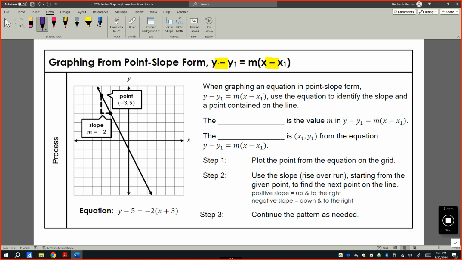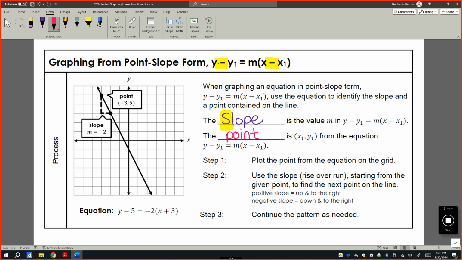So the blank is the value m. We know what that is. That's slope. And then the blank is x1, y1. That is the given point. So step 1, we figure out that point and we plot it first.